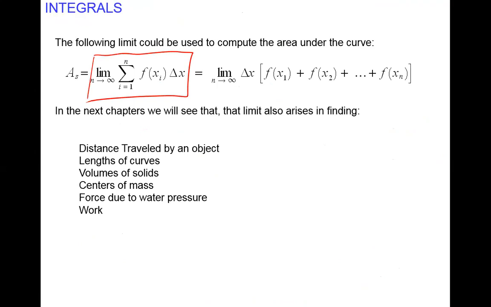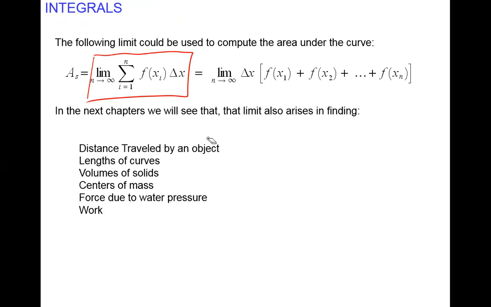But I can tell you that this limit of the summation is widely used in science, in engineering, in business. I typed a few applications of this limit of the sum.